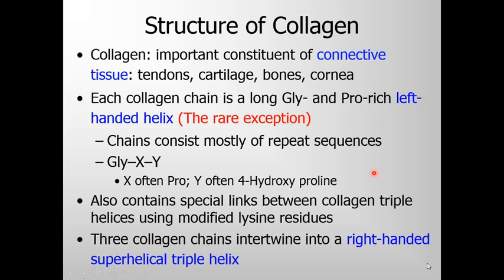Once a protein is expressed, those amino acids can be modified into amino acids that are different from the 20 naturally occurring amino acids. And one such example is 4-hydroxyproline. It also contains special links between collagen triple helices using modified lysine residues. Three collagen chains intertwine into a right-handed superhelical triple helix.